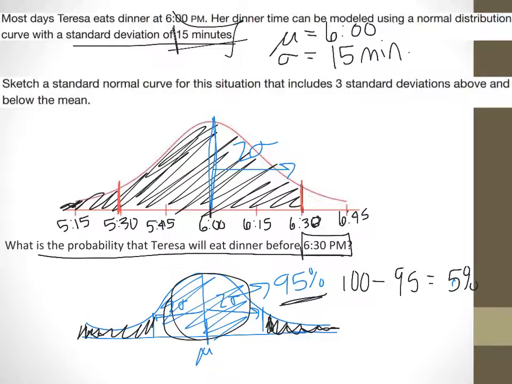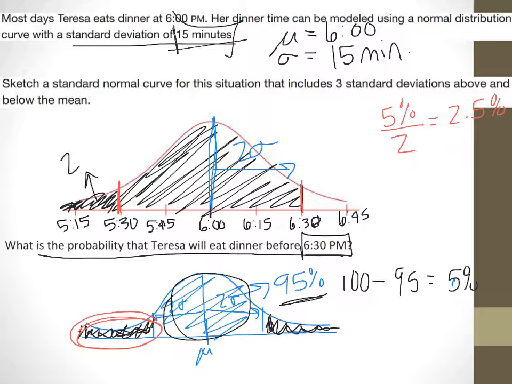But just like in previous examples, I only need this one tail. So what I need to do is take 5% and divide it by 2 to give me 2.5%. So this area right here would only be 2.5% of my data, from this line over.